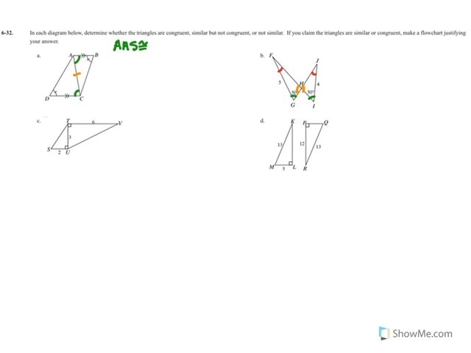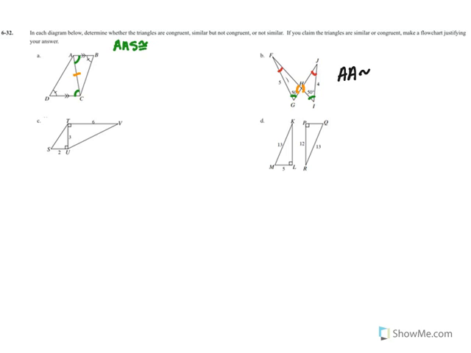However, we have a 4 and a 5 here. Because of that, these can't be congruent. But angle is a similarity theorem, so we can say that these are similar, and we're going to say angle similarity. So we've got 2 flowcharts we need to make so far.